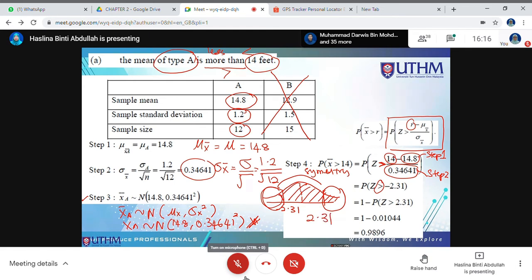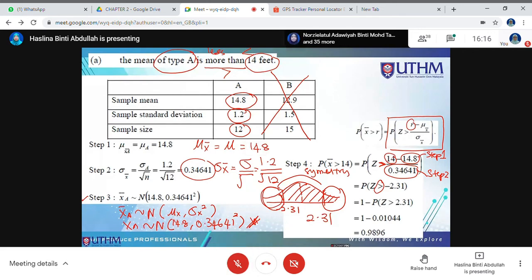So, to get the value in this area, you just find the value in the table, refer to 2.31. Okay, 2.31 refer to the table. What is the value? Make sure you have the table on standby.